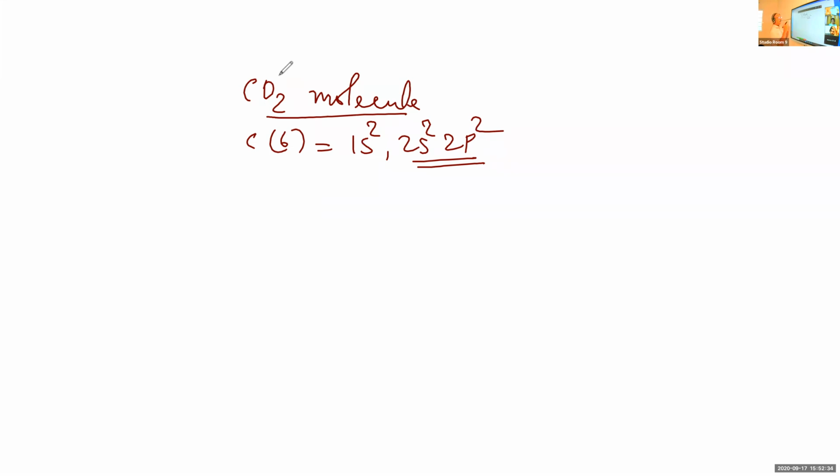To complete the octet, carbon needs 4 more electrons, so that the configuration will be changed to 1s2, 2s2, 2p6 if it gets 4 more electrons. So there will be 8 electrons in the outermost shell.